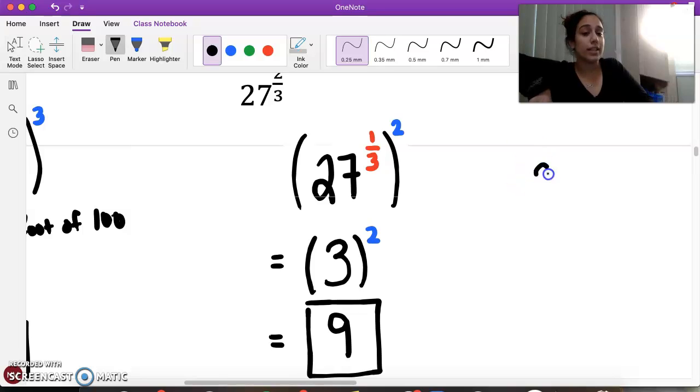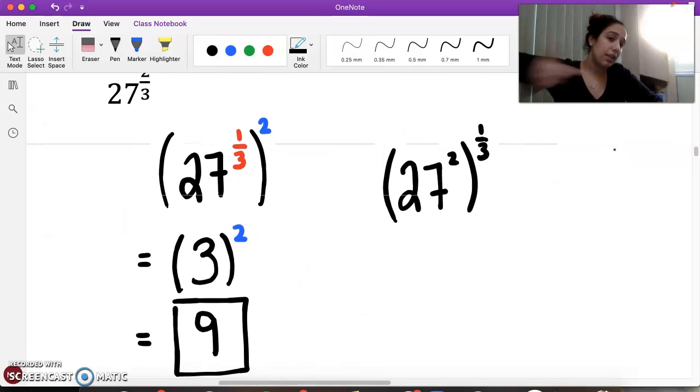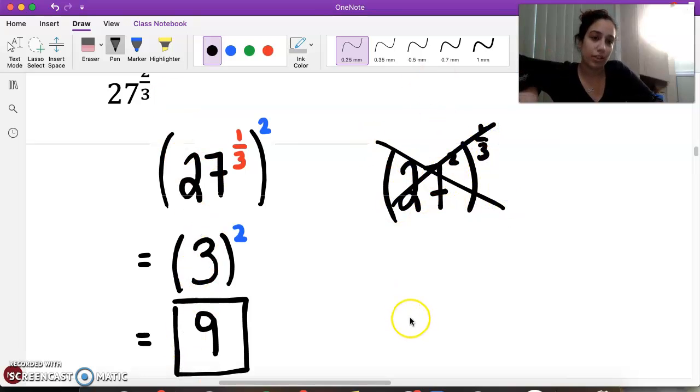If you were to do 27, you could square it first and then to the 1/3 power. Anybody here know what 27 squared is off the top of their head? Yeah, me neither. So that would just get really annoying, and that's why it's easier to do it this way. You deal with really big numbers doing it the other way, so that's why you don't want to do it.